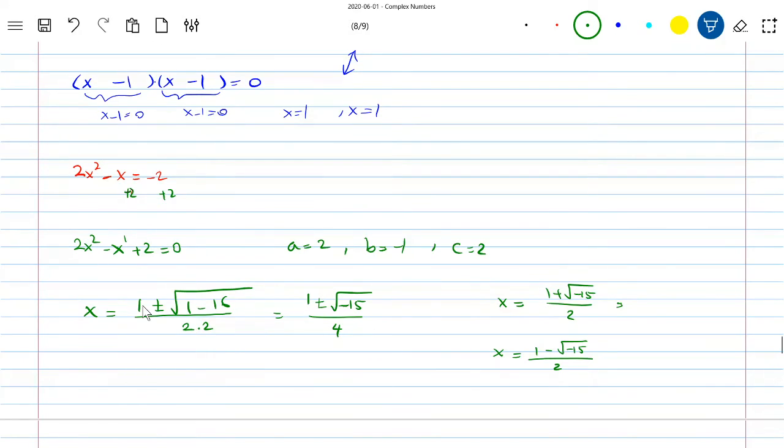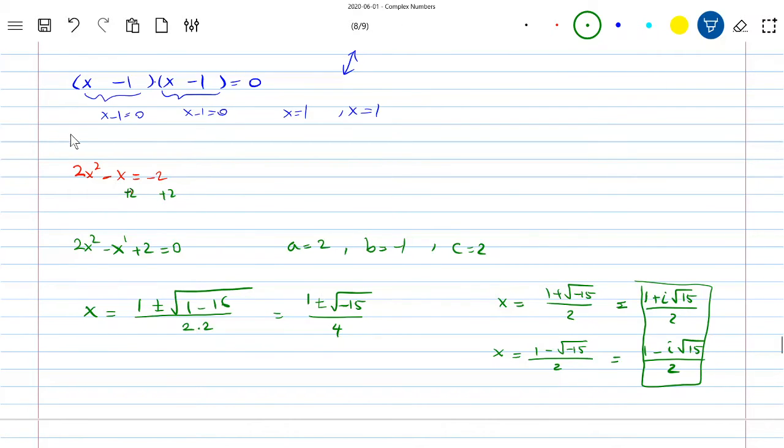But we learned that if you have a negative number underneath the square root, you can write it as a complex value, an imaginary number. So you can write it as 1 minus i square root of 15 divided by 4, and the other one as 1 plus i square root of 15 over 4. These are the two solutions to our equation.